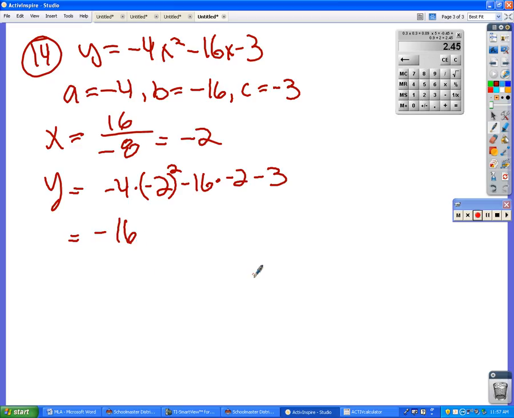Then I have to do negative 16 times negative 2, and that gives me positive 32. Minus 3. And if I put all those together, then I end up with 13. Okay, so Nick, did you figure out where you went wrong there? I must have plugged it in wrong. I didn't square it out. There you go.